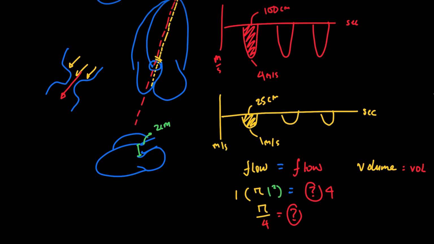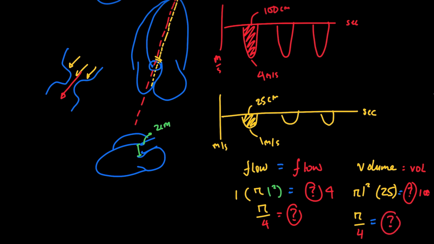So that will be pi times 1 squared times, I said my VTI was 25. That must be equal to my unknown area times my VTI through the stiff aortic valve, which was 100. And so I can say pi times 25 over 100 is pi over 4. I picked the numbers so they would be the same here. But usually they should be quite close, even without special numbers, equals my unknown area.